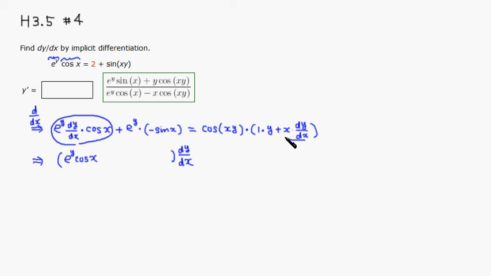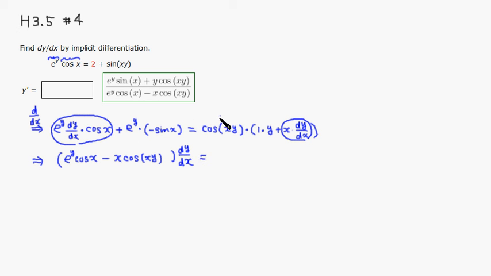So this term, brought over to the other side, becomes negative x cosine of xy. That takes care of those two terms, and everything else is going to be on the other side.